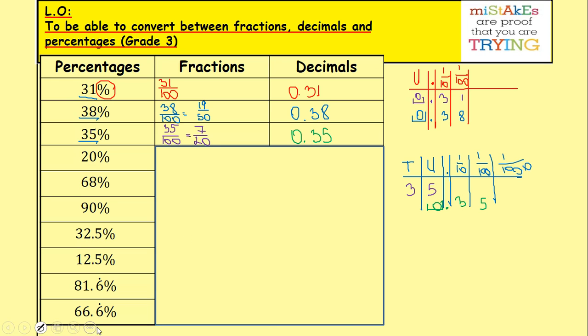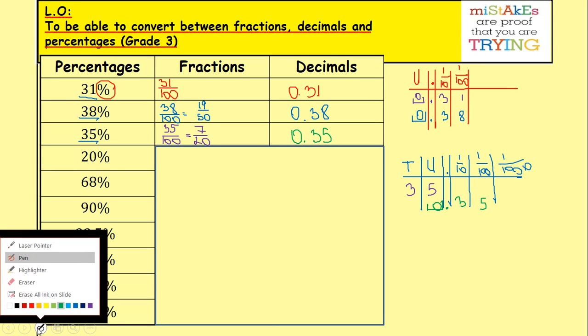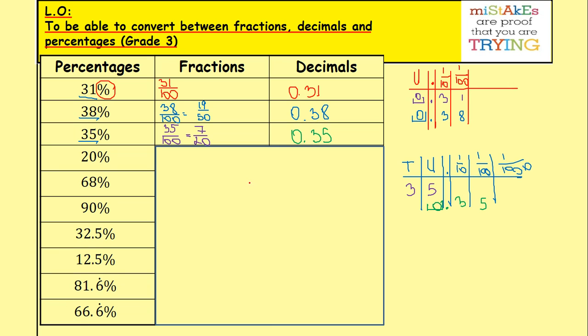Now let's have a look at what happened. Because we won't always have time to do all this long calculation. Have a look. My 5 moved 1, 2 place values in my place value table. Let's see what happened with my 3.